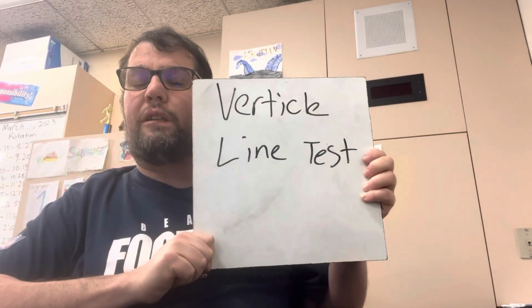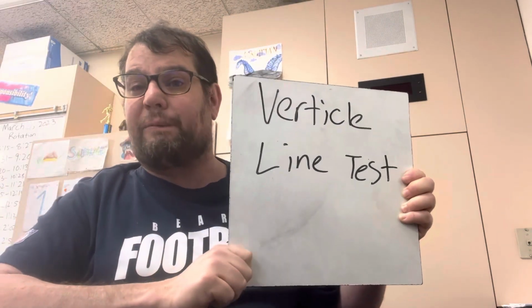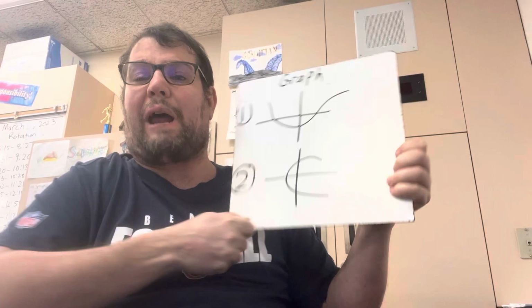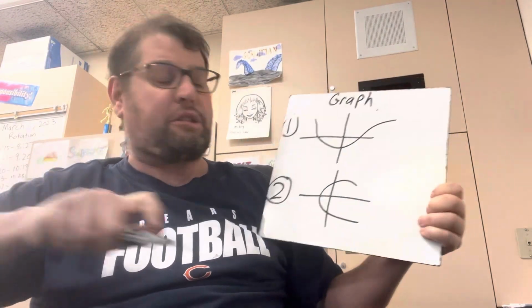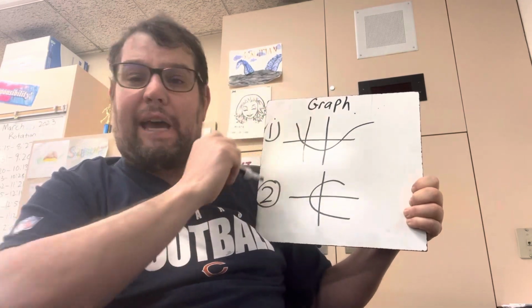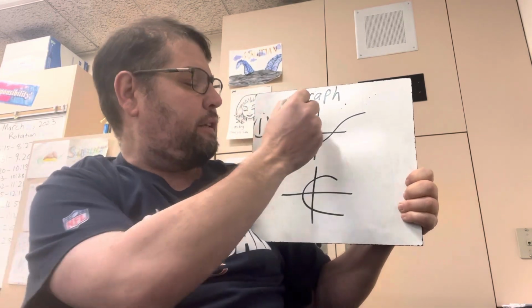But we also have to remember, does anyone remember? The vertical line test. That's right, the vertical line test. That is another way, because sometimes they're going to give you a graph. And if we look at this graph, and we go to this first graph, I can draw a straight line down. It only goes through 1 point.